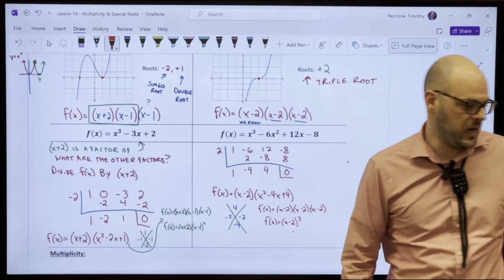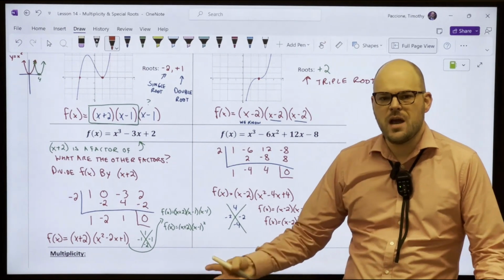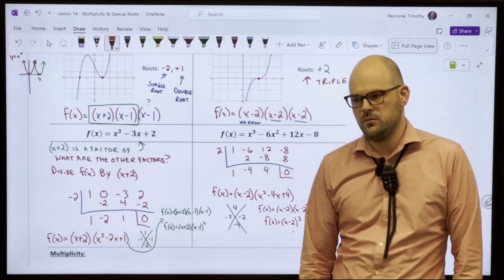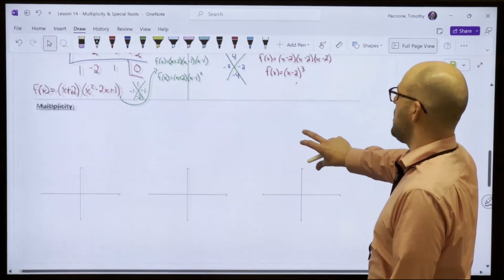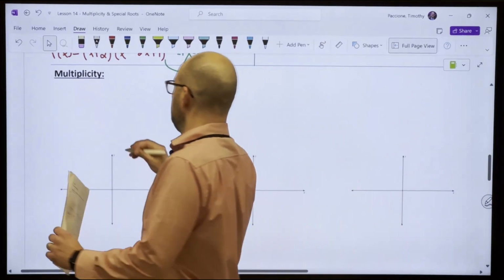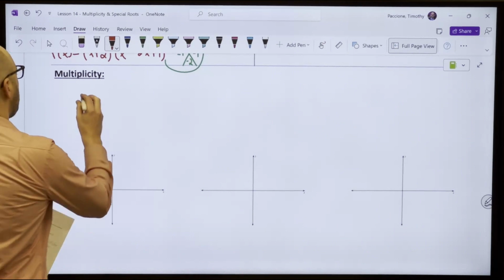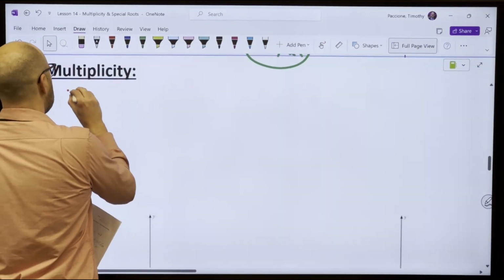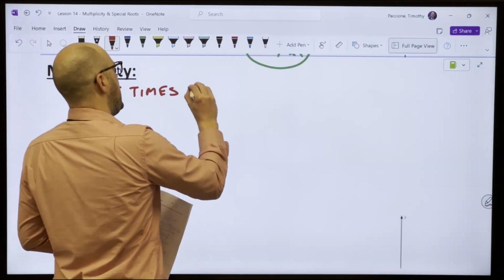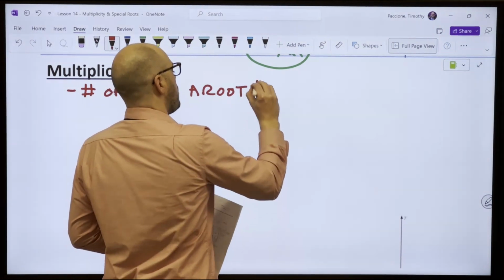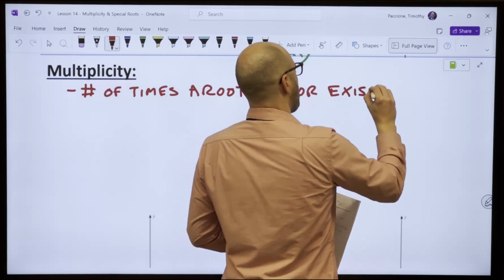Now we're going to define it, okay? So let's go down to the bottom and define it. And then we'll use it to help us graph a couple functions, and then that'll be it for the day, okay? So multiplicity. Let's define multiplicity and then talk about our 3 scenarios that we're going to have here. So first of all, multiplicity is a couple things, right? First of all, multiplicity is the number of times a root or factor exists, right?